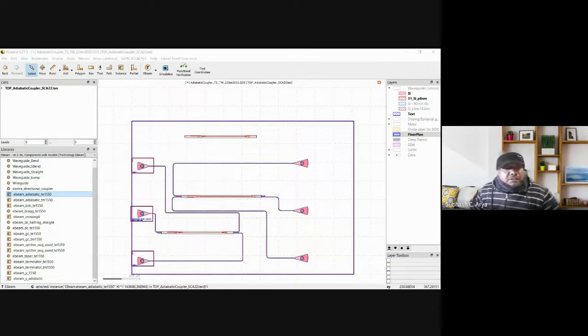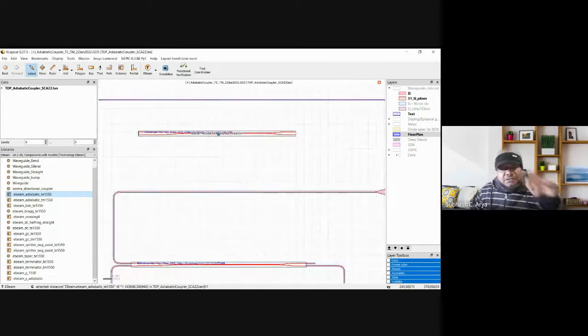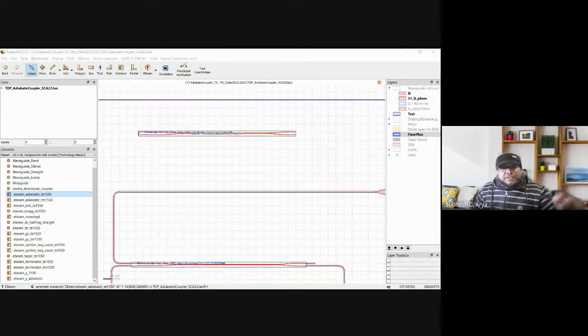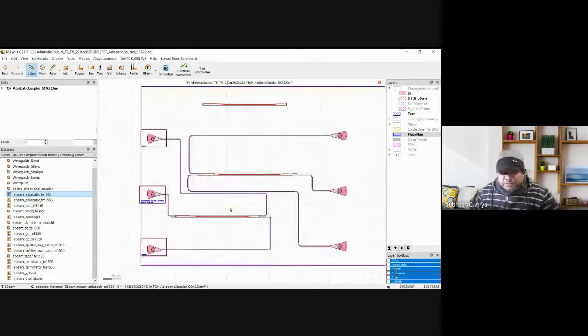This is not a cell, so we cannot change its properties. Whatever it is, we can use that much only. It is not a cell as such. Okay, now this is for the TE mode.